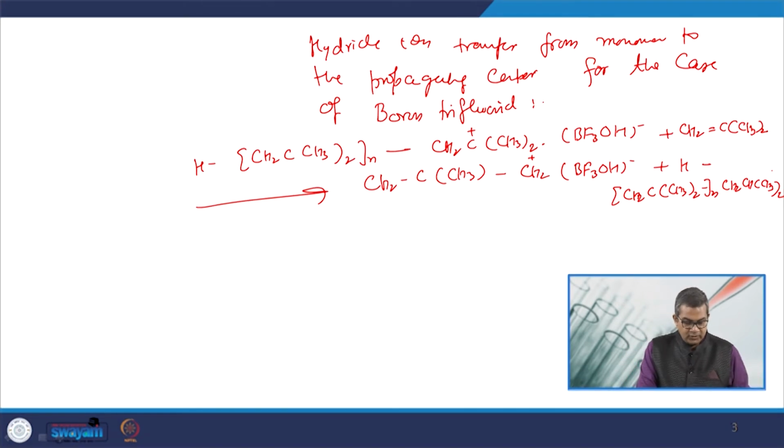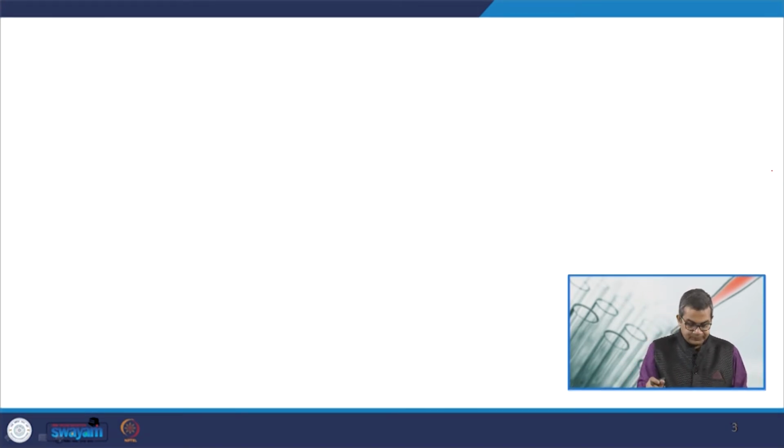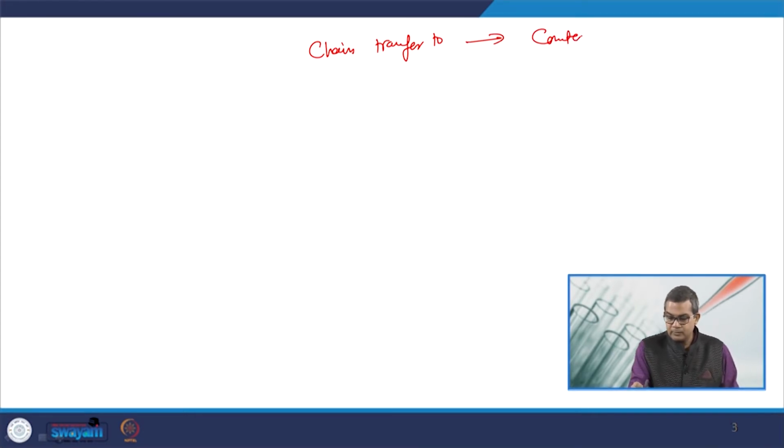Now chain transfer to counter ion involves the transfer of a beta proton to the counter ion.